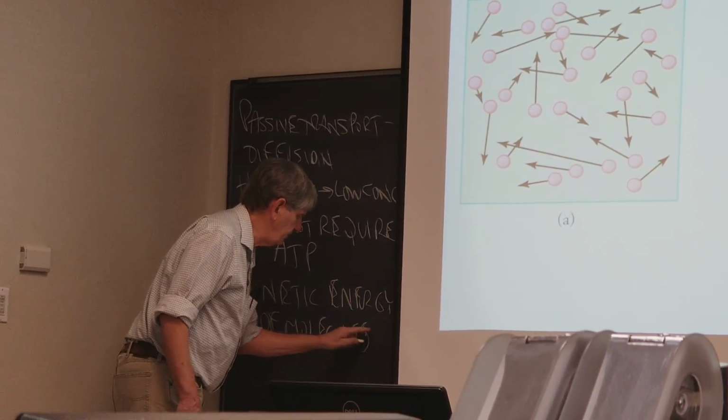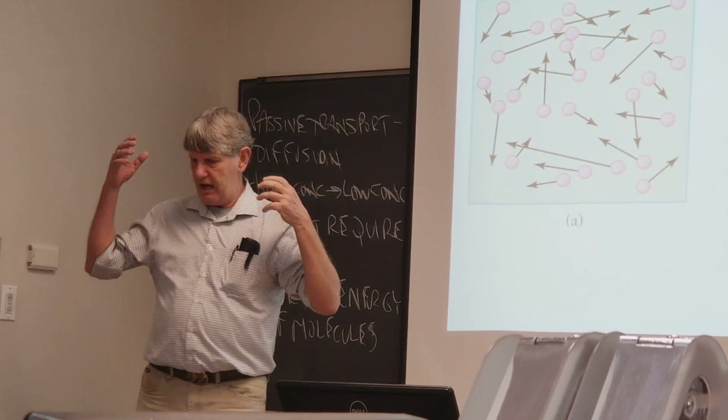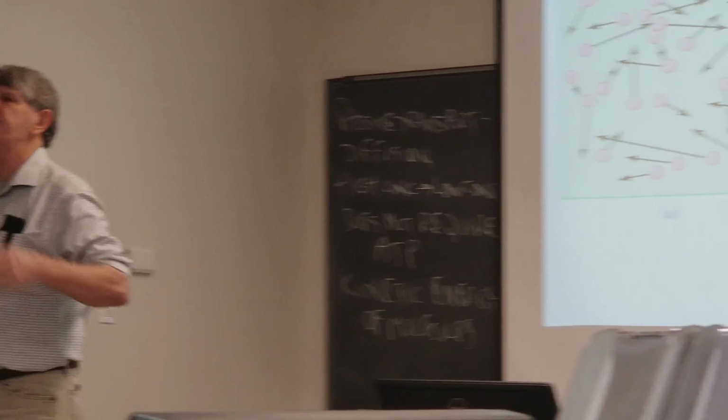And so basically this kinetic energy refers to the fact that if you take a population of sodium ions and you have them sitting in the solution, they're not sitting static still. They're moving. They're always moving. Everything is always moving, right? And as they move, they begin to hit each other and bounce away. And the more you have in one place, the more often they're going to hit each other and bounce away.